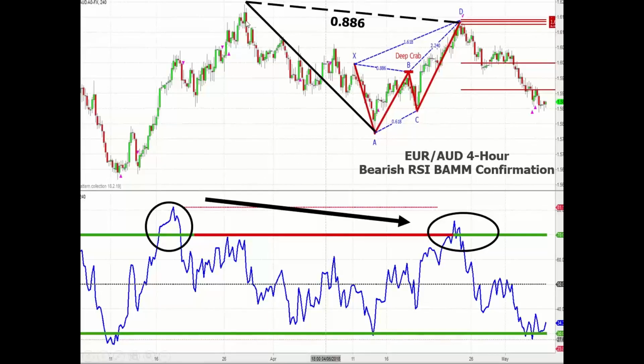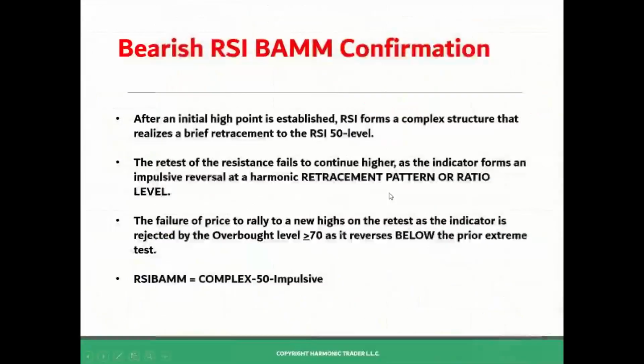But even though this had a nice strong move off of that top initially, it came back, retested, that's Euro Aussie, by the way, hit the zone and then rolled out. Again, where the red line stops, we start looking. That's how we utilize it in terms of the software.